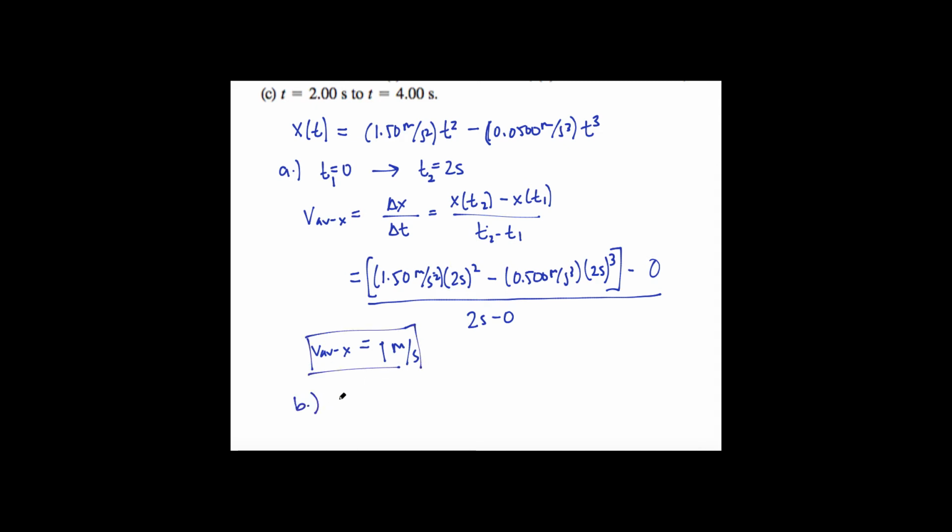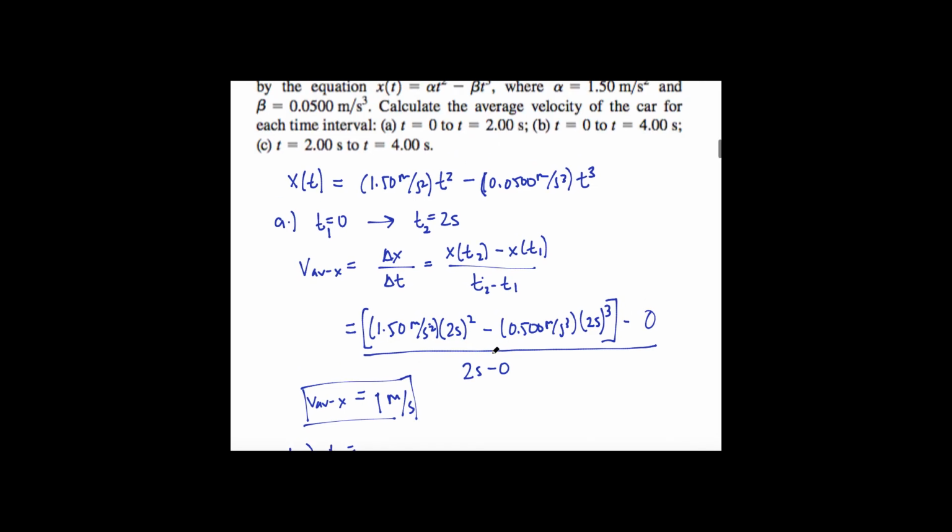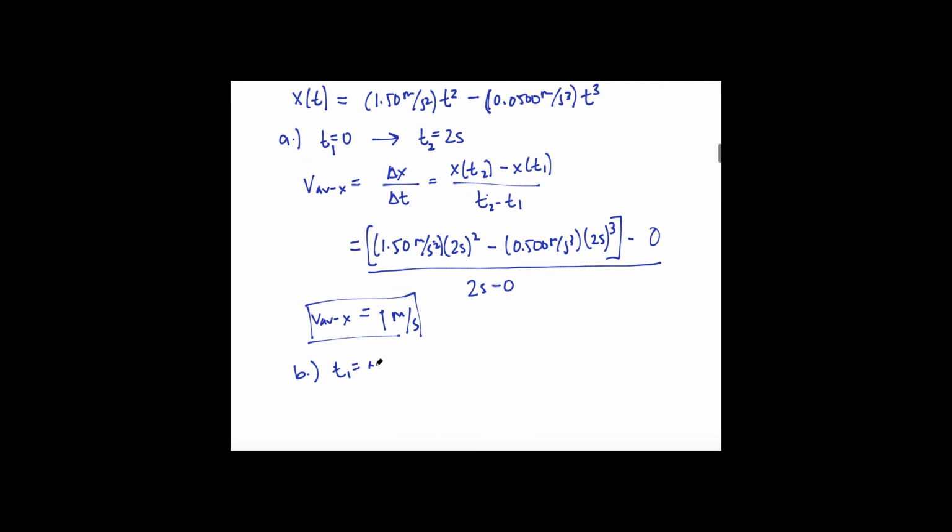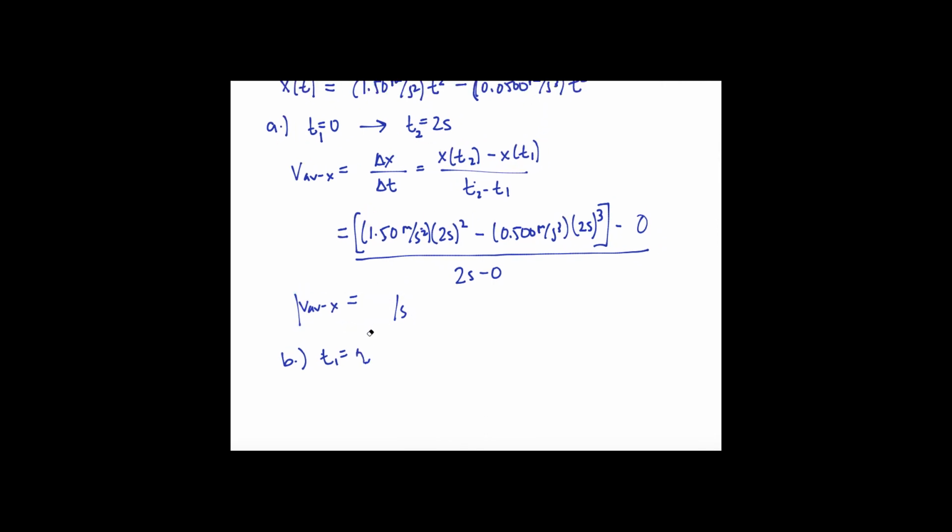If I go through the same process for part B, t1 is 0, t2 is 4 seconds. I will see that my average velocity, if I set it up, will be, and I will skip writing my units this time as we've already addressed them, 4 seconds squared minus 0.5 times the cube of 4.